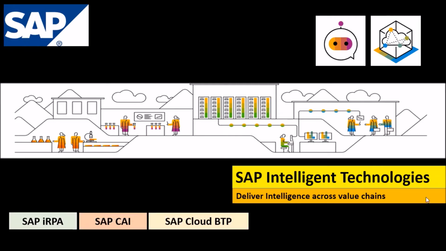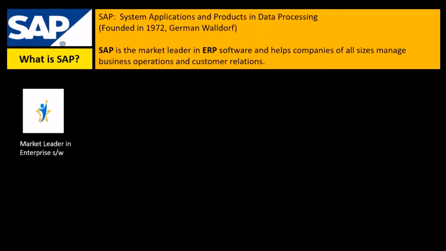Starting from our first slide, we all know about SAP. I don't have to explain SAP to you since you are all working in SAP. However, I would like to tell you about the current status of the SAP profile in the global market. As you all know, SAP is the market leader of enterprise software.